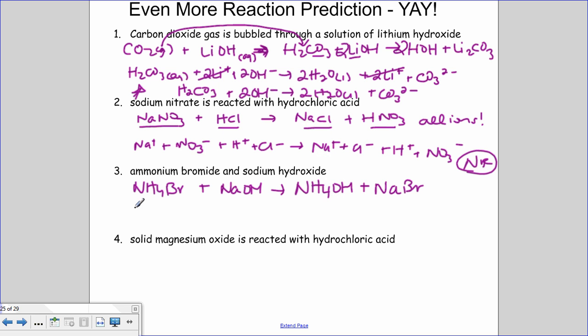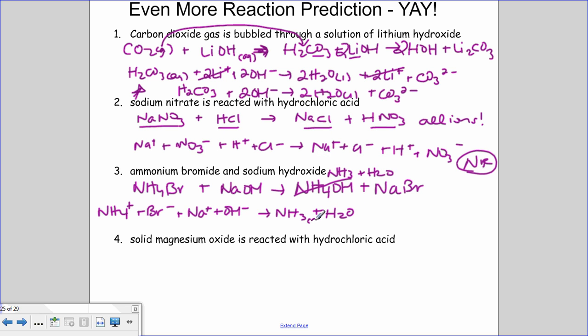So here we go. I'm going to take this out in just a second and put NH3 in water, but I'm going to rewrite this. So NH4 plus Br minus. This is a soluble salt, therefore I'm ionizing it. And this is sodium plus and hydroxide. Yields, the unstable product breaks down into ammonia and water.